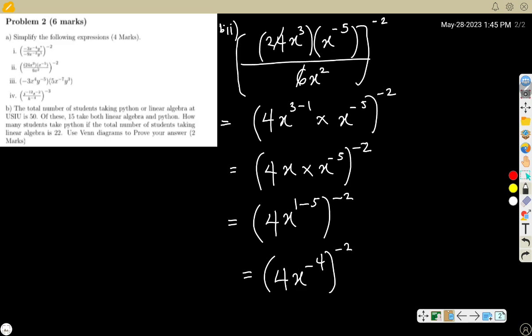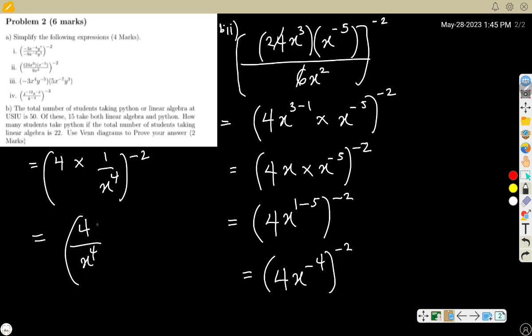So that power will affect everything. So this is the same thing as 4 times 1 over s raised to power 4, raised to power minus 2, because this s raised to power minus 4 is 1 over, so this is 4 over s raised to power 4, everything raised to power minus 2.